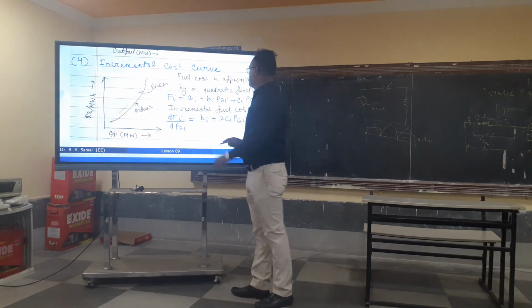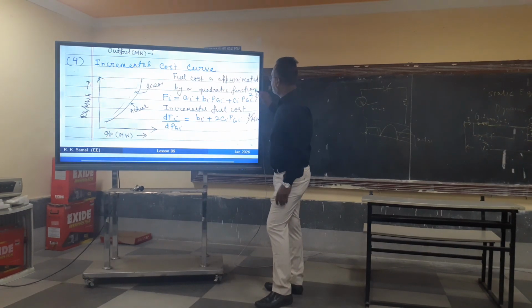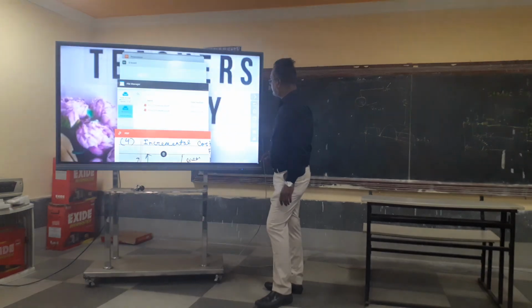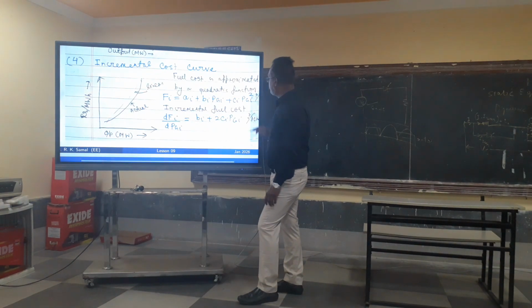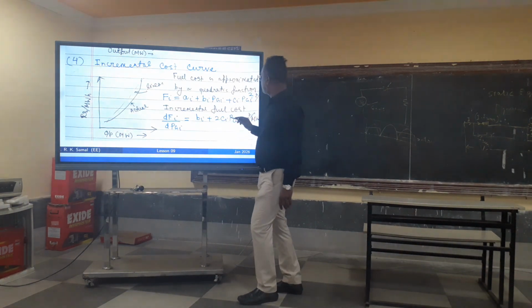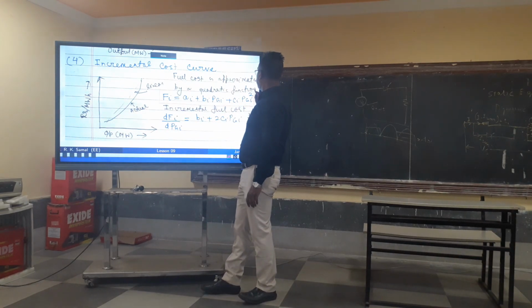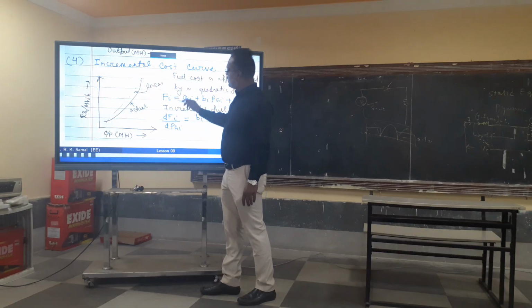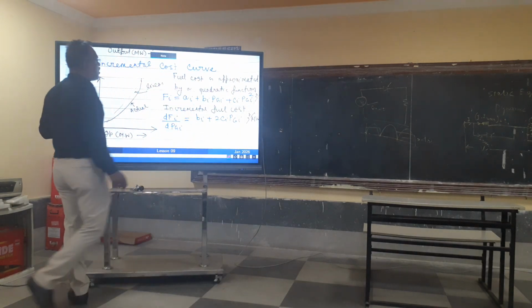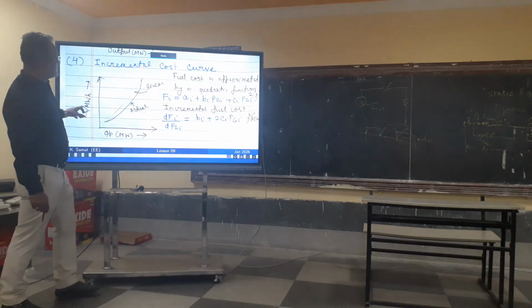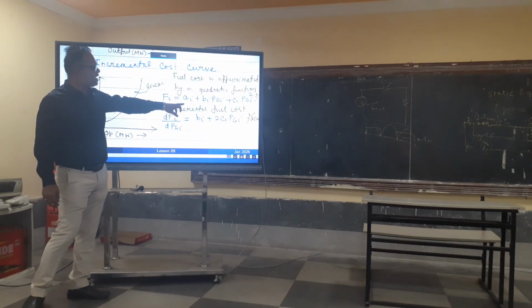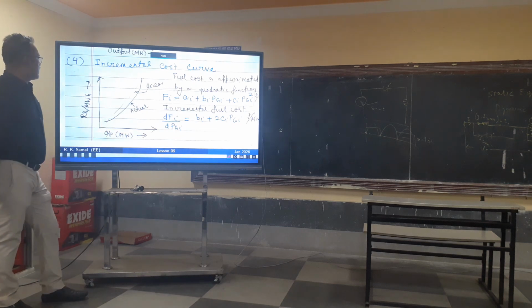The most widely used approximation for this curve is a quadratic function. Okay. Noted. The total cost is given by Ai plus Bi PGi plus Ci PGi square.